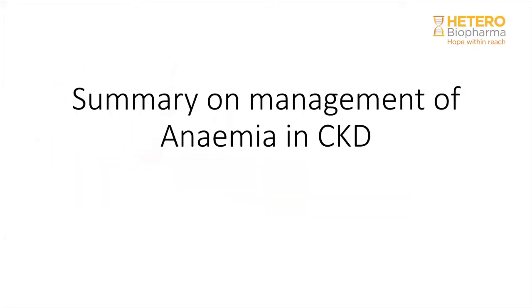My topic for the day would be just to summarize the management of anemia in chronic kidney disease. KDIGO published its first guidelines for anemia in chronic kidney disease in the year 2012, and not much progress has happened in the field of anemia in chronic kidney disease. In fact, not much progress has happened in the last 60, 70 decades.